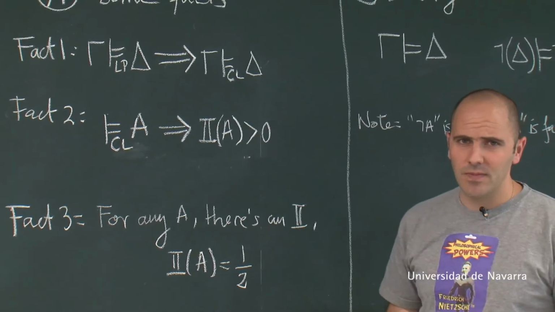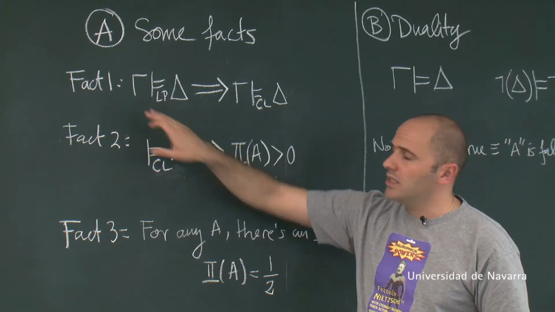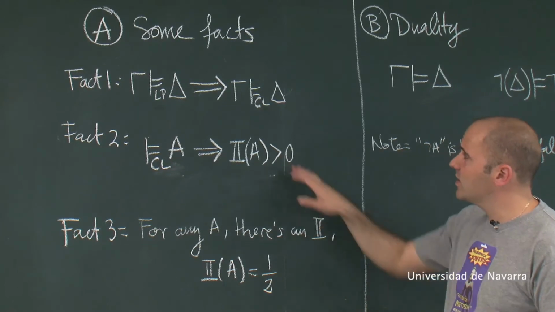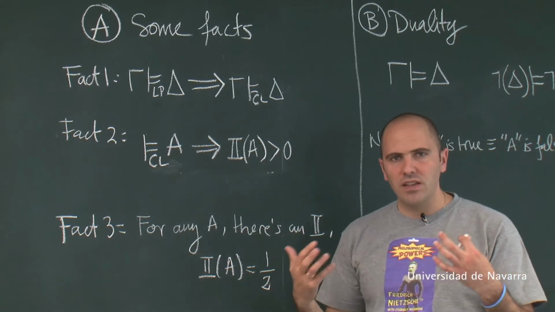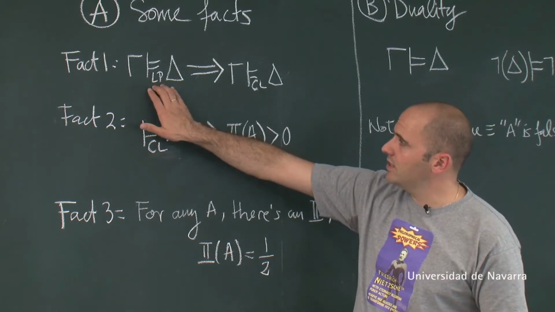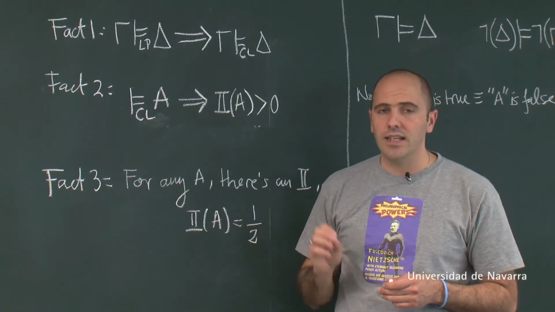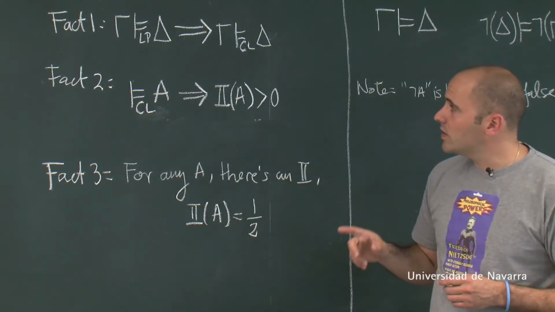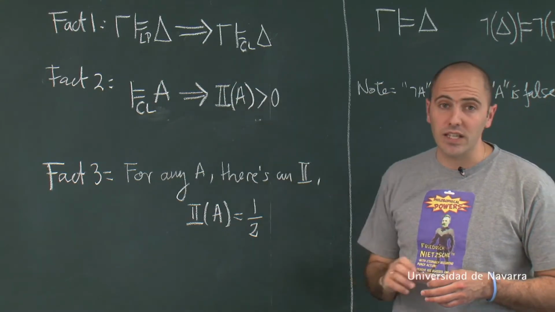Fact 1. Delta is implied in LP by gamma just in case the inference holds in classical logic, right? This fact means that any inference that is valid in LP is classically valid. And this fact can be easily proved if you notice that any LP interpretation is a classical interpretation, right?